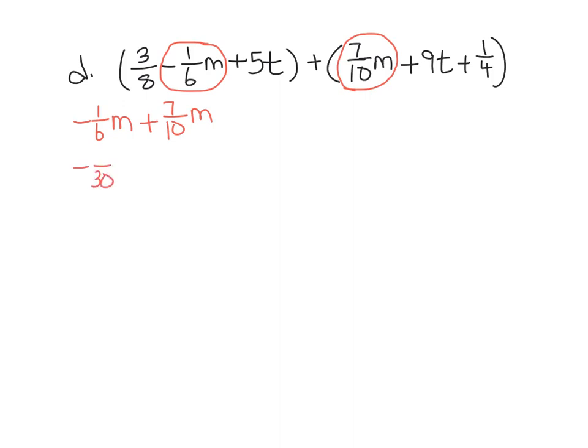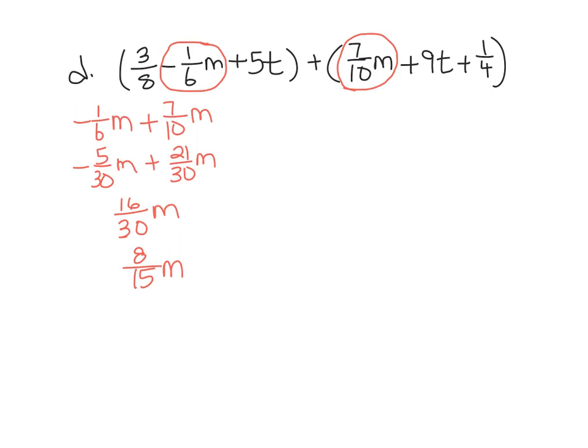So this is going to be negative 5/30 m, and then this is going to be 21/30 m, which means we get a grand total here of 16/30 m, which will need to be simplified, and we get, let's see, 8/15 m. So there's my m term.